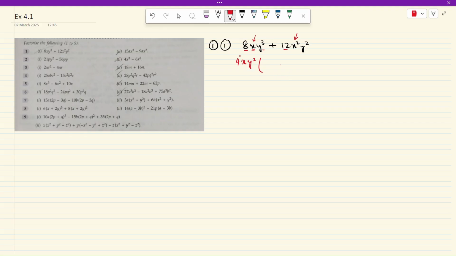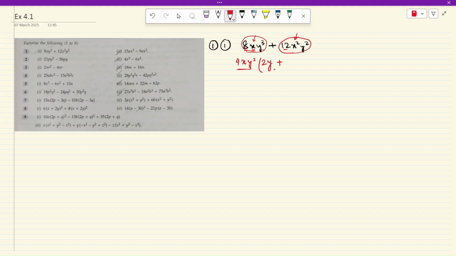Now we will divide both of these terms, the first term and the second term, with the term which we have taken as common. So 4xy square, if we divide 8xy cube by 4xy square, 4 times 2 becomes 8, so it will be 2, x goes off, and in case of y square and y cube only y remains.